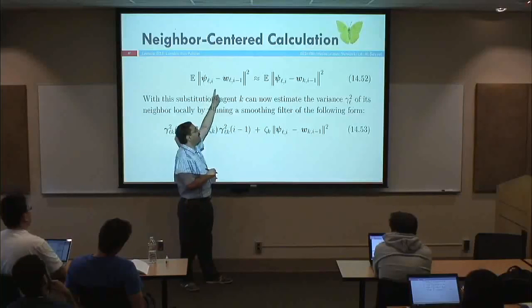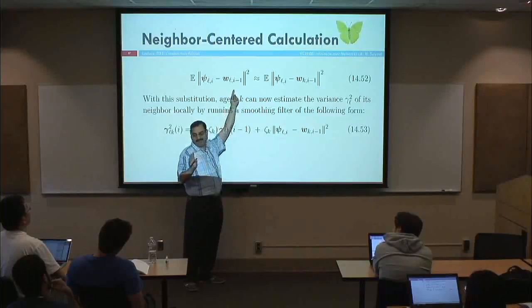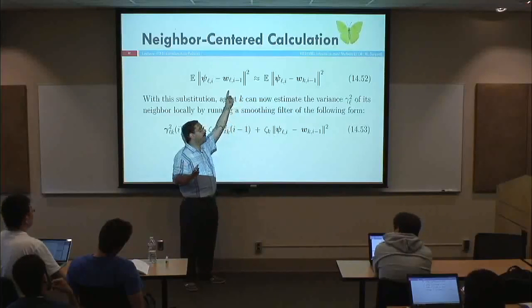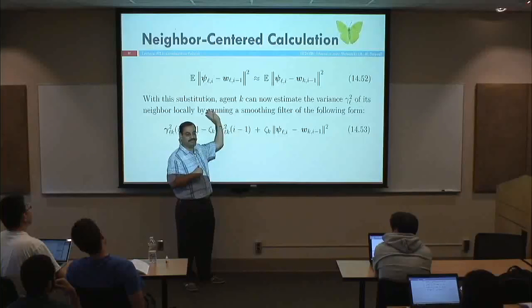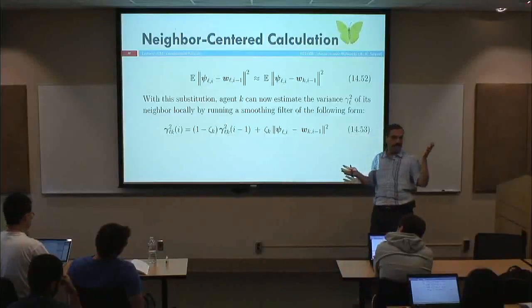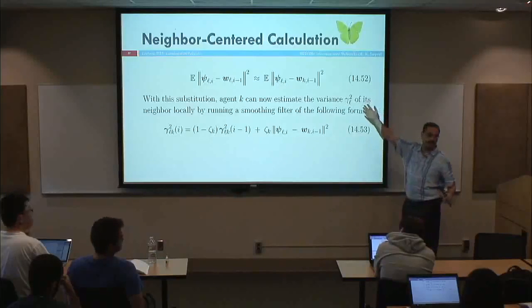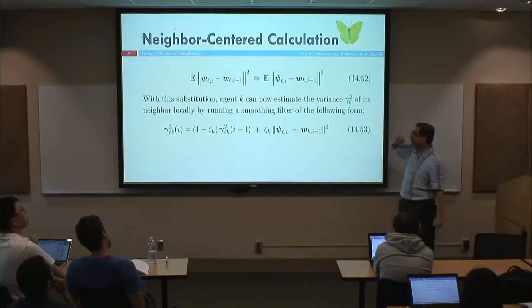But agent K has an estimate that's close enough to WK, right? This is just now an intuitive construction, right? If you want me, agent K, to do this calculation, the best I can do is something like this. Of course, there are other variations we have been discussing today to improve on this. This is just one idea, not necessarily the best, but one idea to get started.